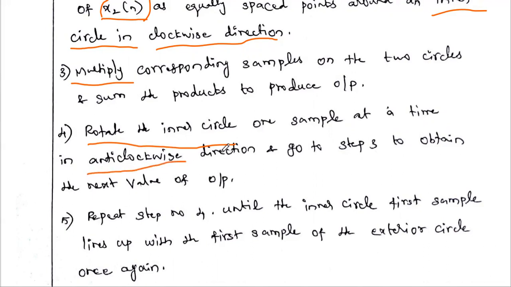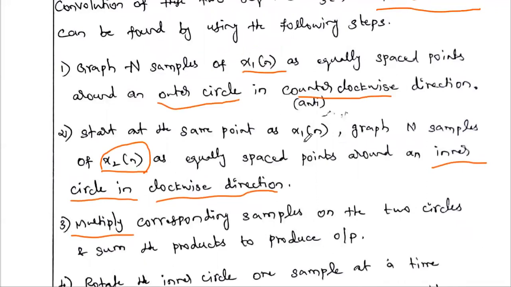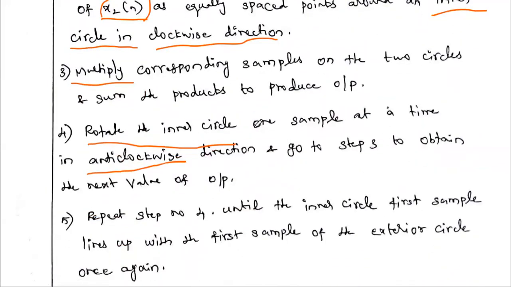Note that the first time, x1 of n is written in the outer circle and x2 of n in the inner circle in a clockwise direction. Now you just rotate the inner circle by one sample in an anti-clockwise direction.